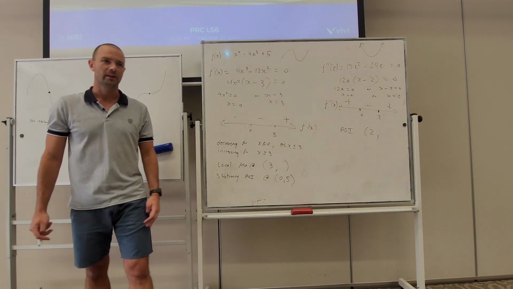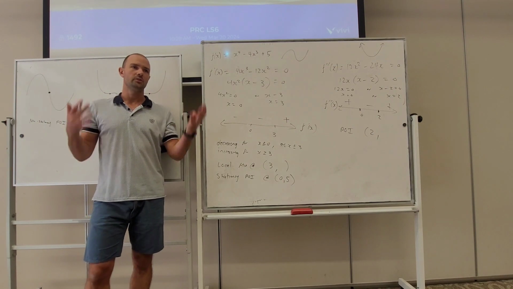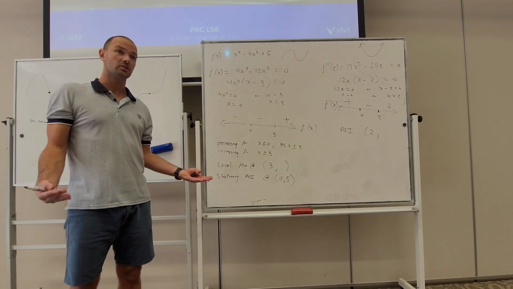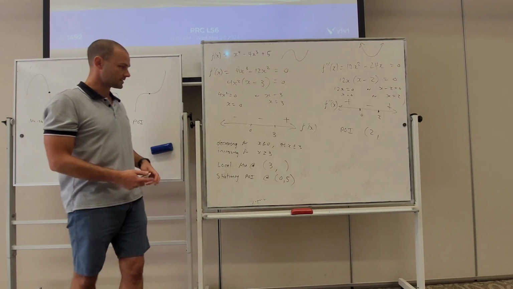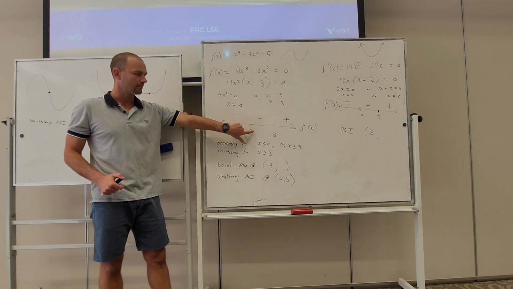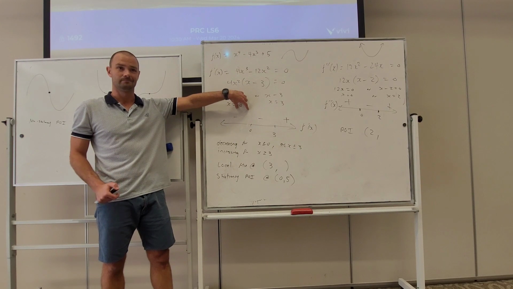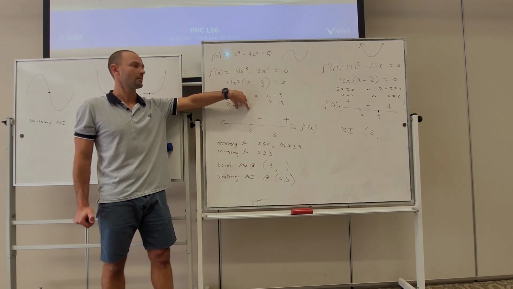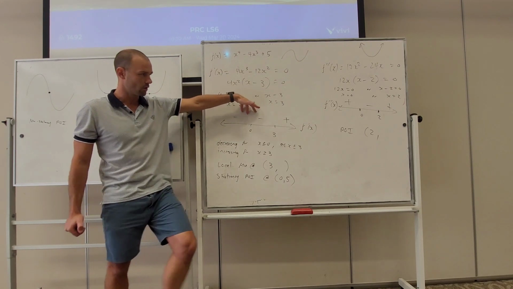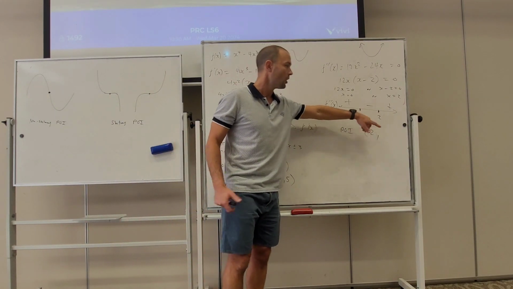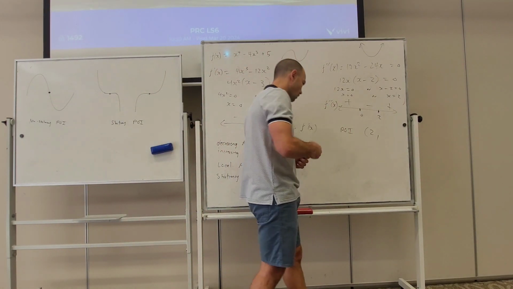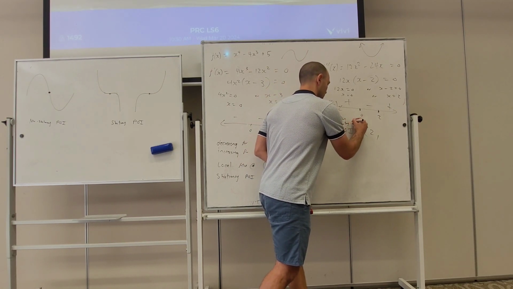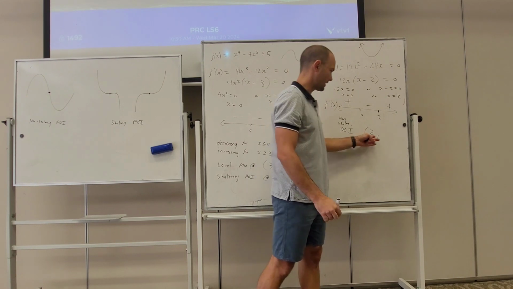And then we've got to work out, is it stationary or non-stationary? The answer is it's not stationary, because stationary points of inflection will occur in the first derivative. There's no stationary point of inflection at x is 2, which means it has to be a non-stationary point of inflection at x is 2.